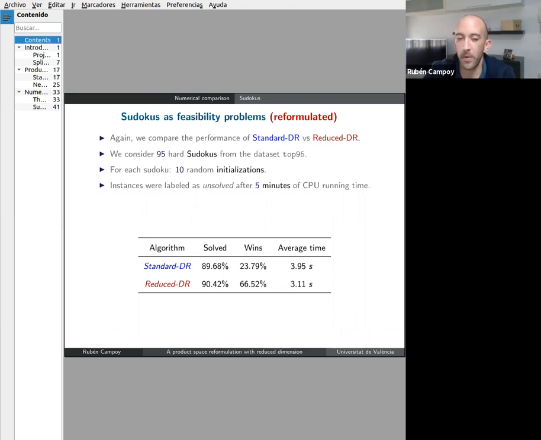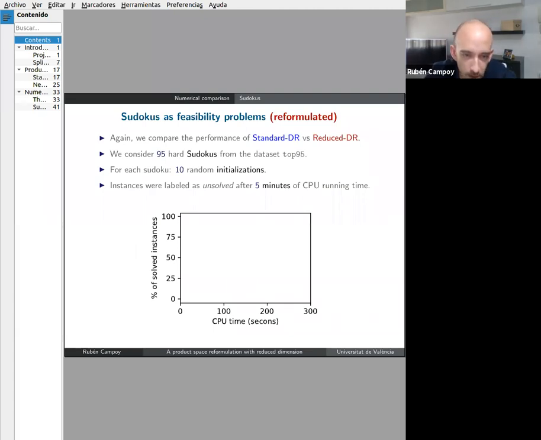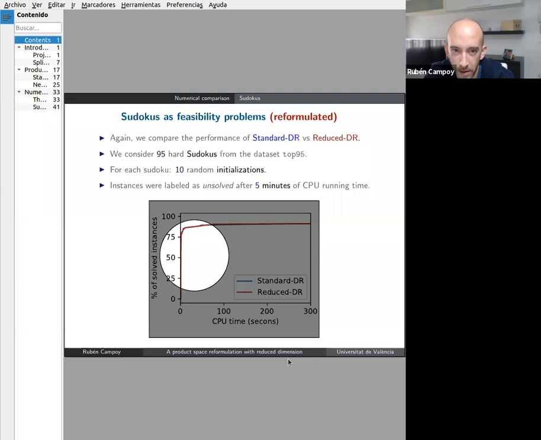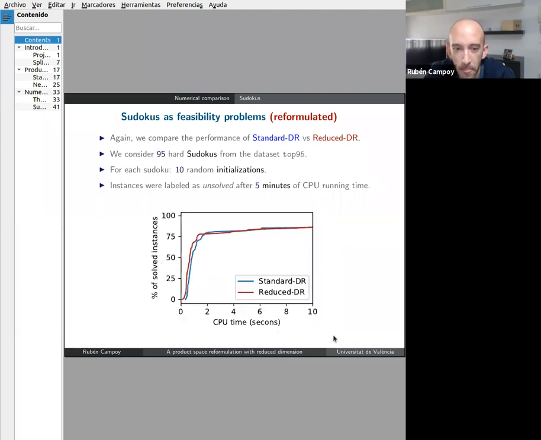Okay. If we want to plot these results, I'm going to plot the percentage of solved instances against the CPU time of both algorithms. And it is true that we can see nothing in here because the main part of the instances were solved in the first seconds. So I'm going to zoom in here.